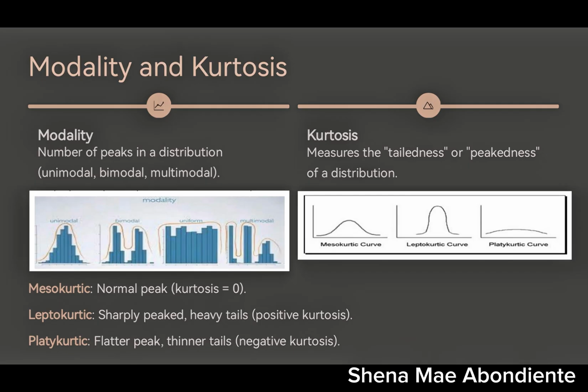We have 4 types of modality. First is unimodal, where the distribution has 1 peak. Next is bimodal, with 2 peaks. Third is multimodal, with more than 2 peaks. And the last is uniform distribution, with no clear peak.